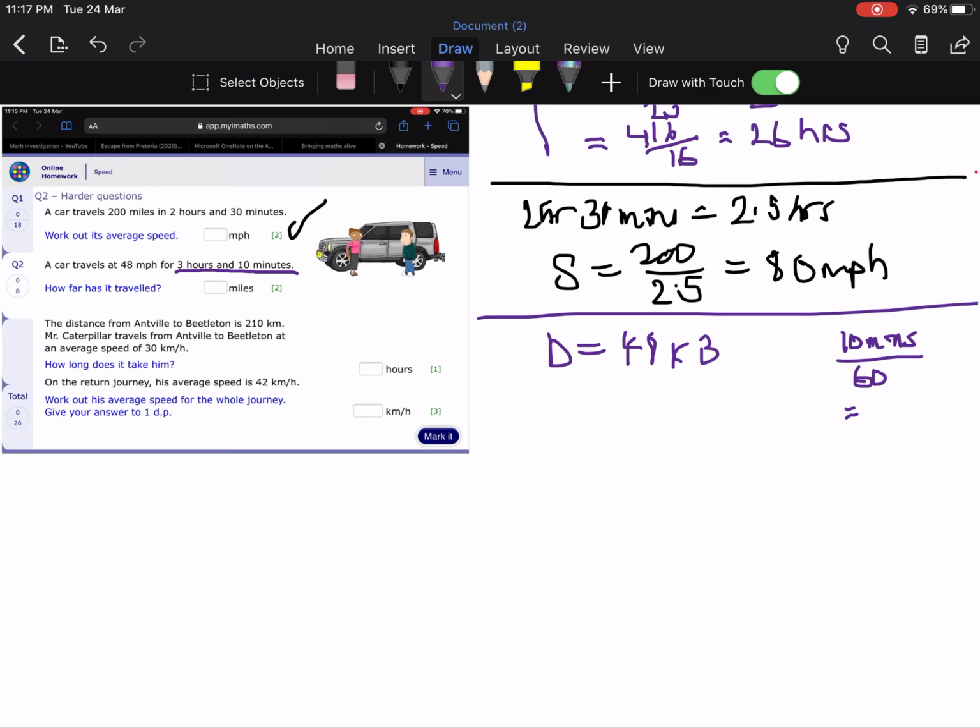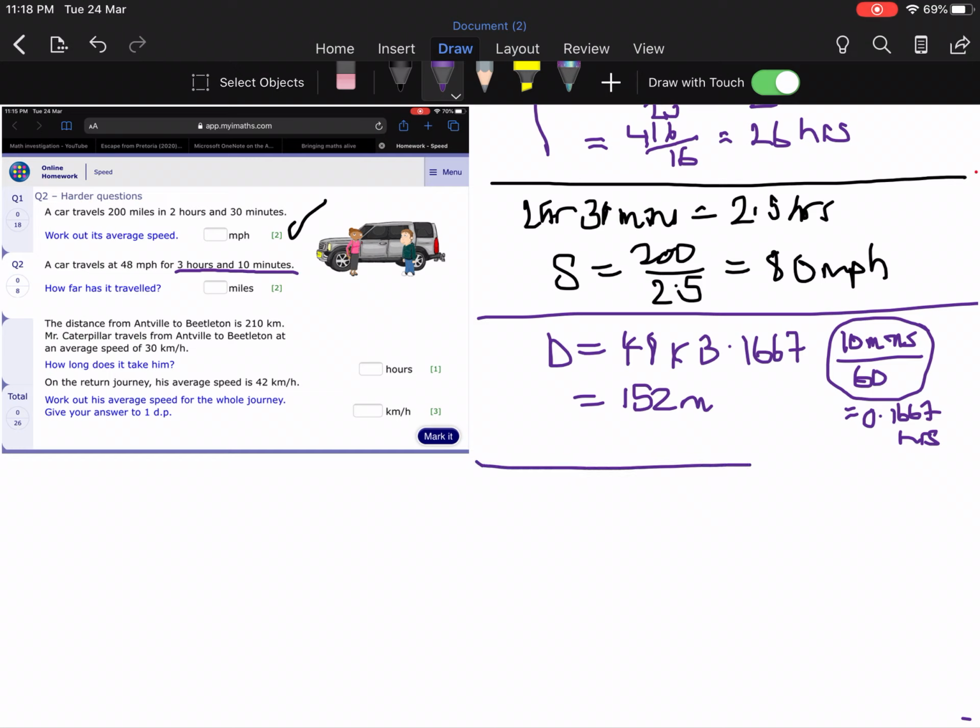So it's 3.1667, which is 152 miles. So it's important you know how to change minutes into hours. So that's that one done.